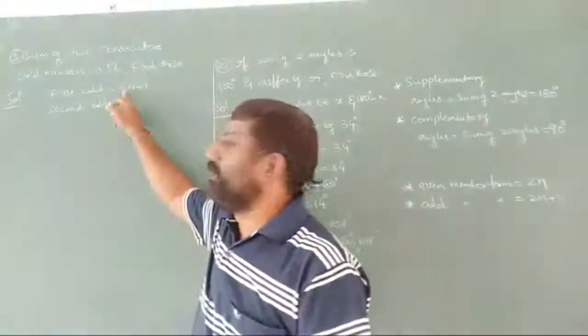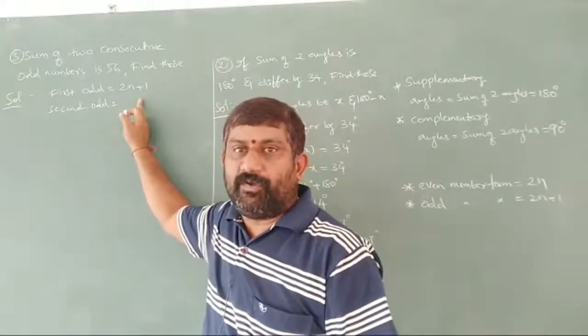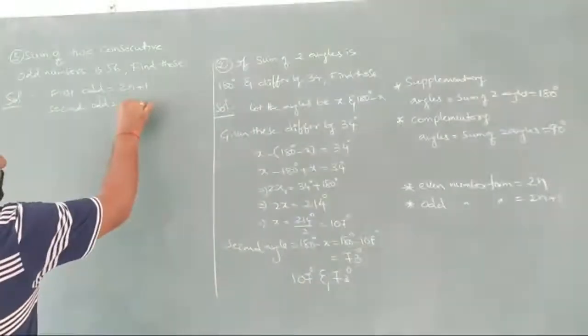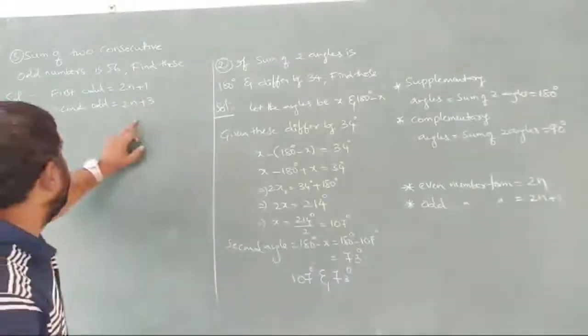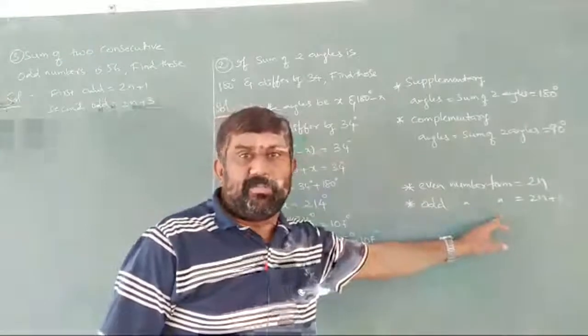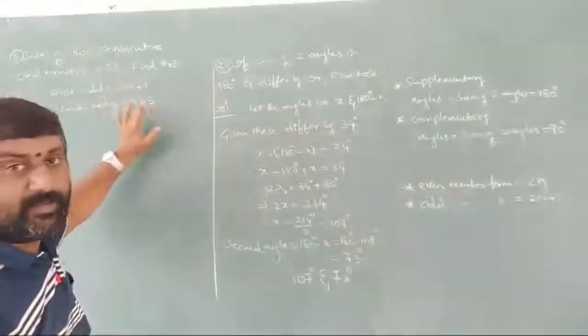Now we have here 2n plus 1 and an extra 2 should be added here. 1 plus 2 is going to be 3. So the next consecutive is going to be 2n plus 3. So the odd number form is 2n plus 1, the first odd number is 2n plus 1, and the second odd number is 2n plus 3.